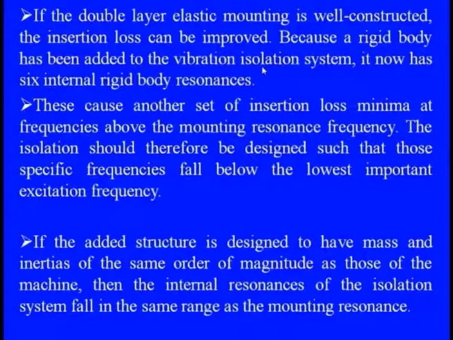The isolation should therefore be designed in such a way that these specific frequencies coming from the internal resonances can be immediately damped out. And if the added structure is designed to have mass and inertias of some order of magnitude, then the internal resonances, from the isolation point of view, fall in some range from the mounting resonances.